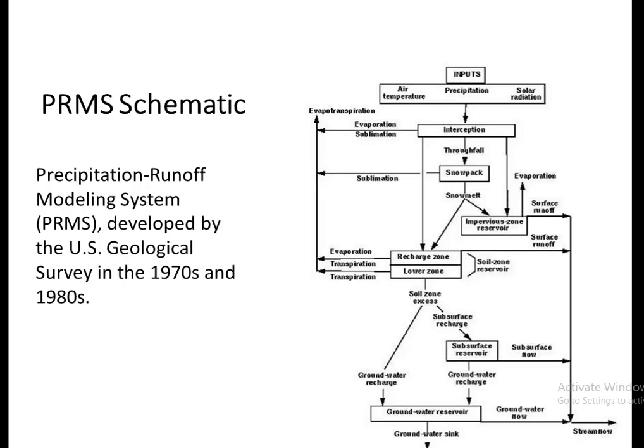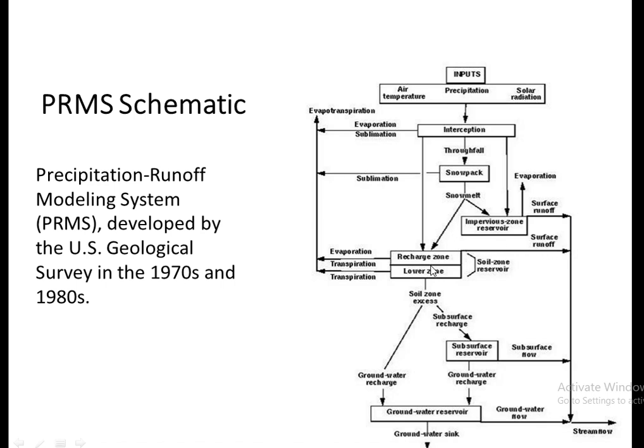This figure shows the PRMS, Precipitation Runoff Modeling System, developed by the US Geological Survey in the 1970s and 1980s. Here we can see the input variables: air temperature, precipitation, solar radiation. Then the next processes are interception, throughfall, some evaporation, sublimation, snowpack sublimation, then snowmelt. Then they go back through evaporation, surface runoff.